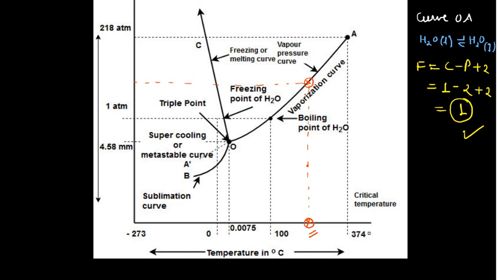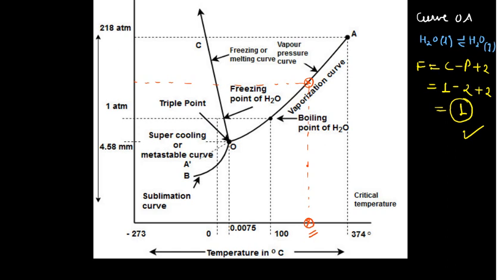You need only one. Either you can specify the temperature, this will correspond to a particular pressure value, or vice versa. If you specify one pressure value, it will give the one temperature value all along the curve. All along the curve you select any point and any temperature or pressure, this will automatically give you the other parameter. Okay, and this is known as the vaporization curve.